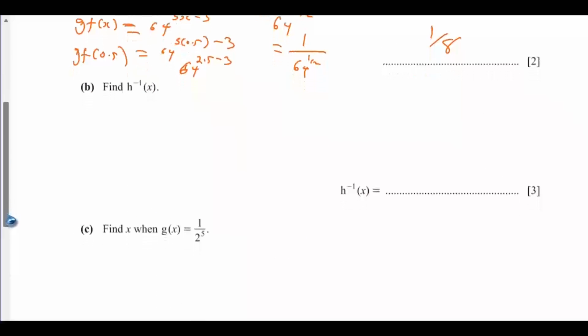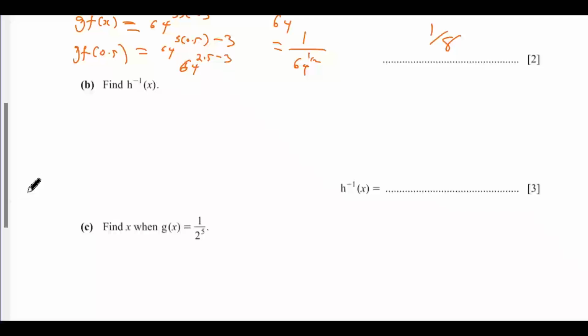Then part B, find h inverse of x. Let h inverse of x be equal to y. That means we're going to have y equal to 2 over x plus 1.